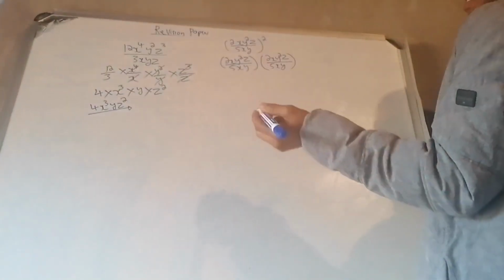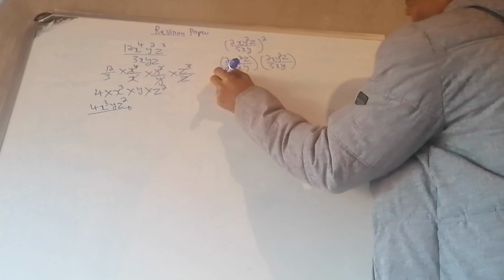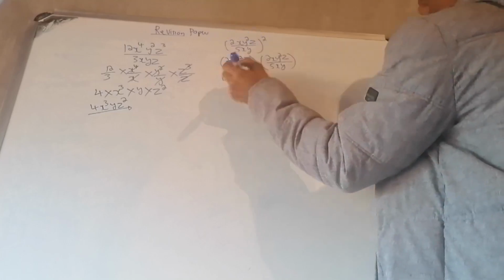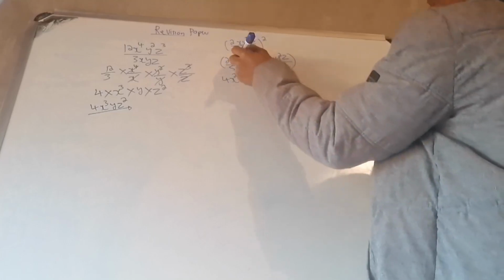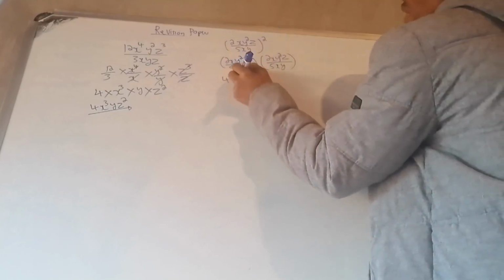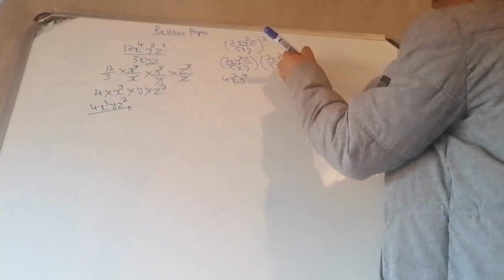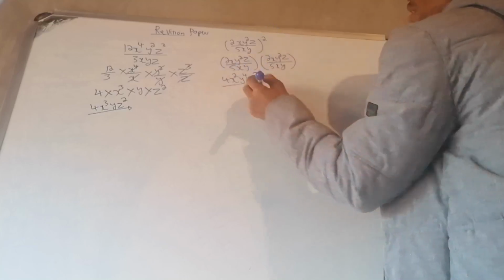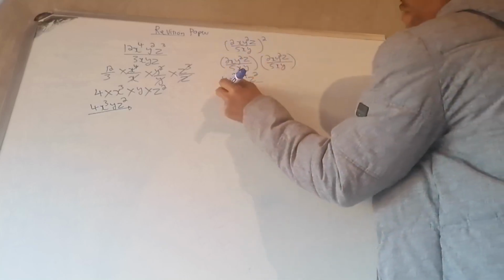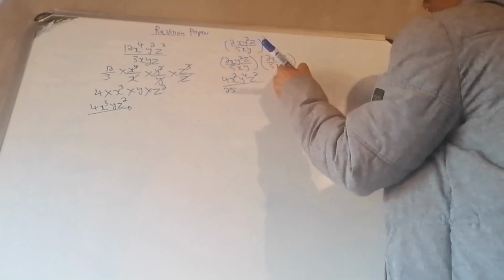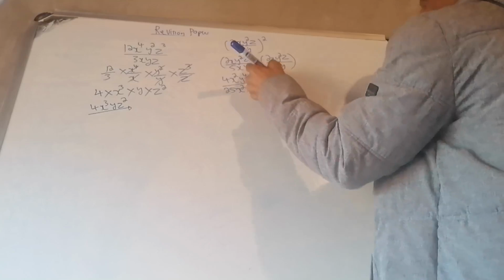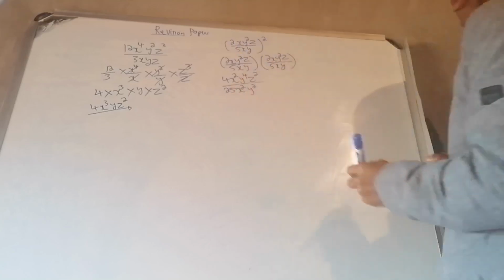Now, I multiply 2 times 2, 4. X times x, x squared. Y squared multiplied by y squared, y to the power 4. Z times z, z squared. 5 times 5, 25. X times x, x squared. Y times y, y squared.